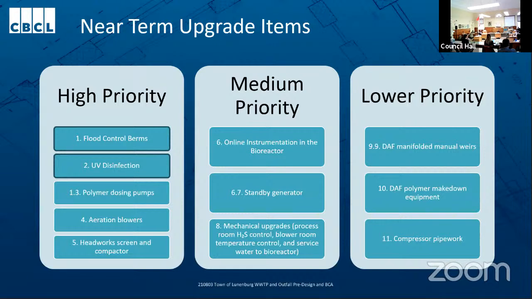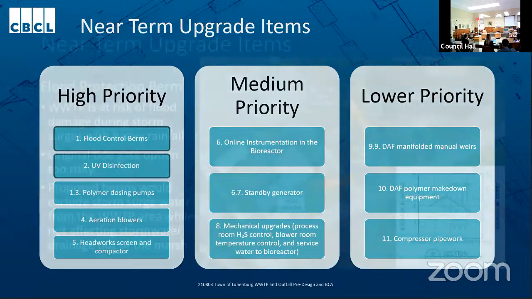So there's 11 of these altogether, and there are 5 in the high priority category, which include the flood control berms, UV disinfection, polymer dosing pumps, aeration blower replacement, and headwork screen and compactor replacement. Then there are also 3 medium priority and 3 lower priority. And at this point, I'm going to turn it over to Erica Hart to go through, actually not quite yet, one more slide and then I will.